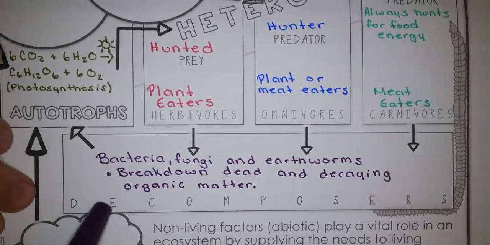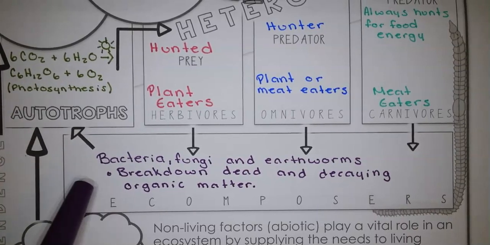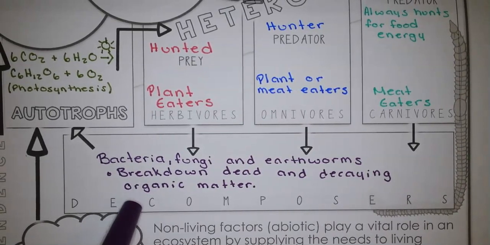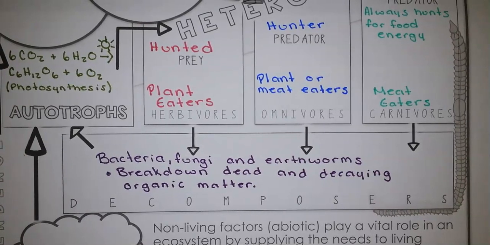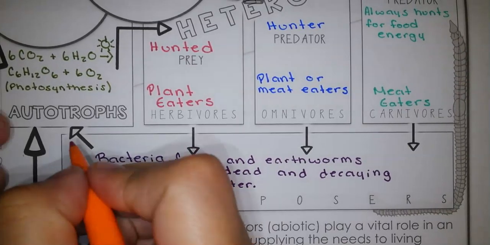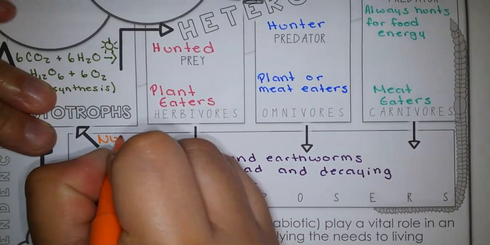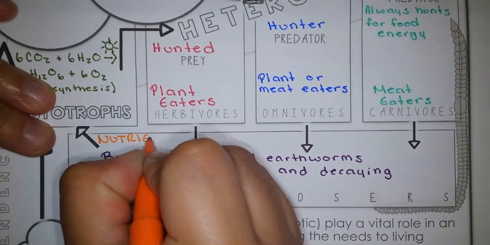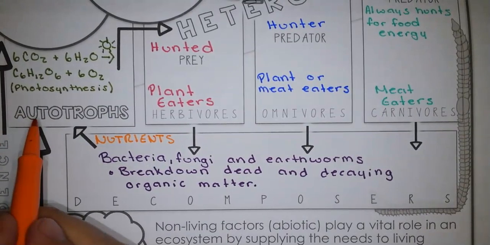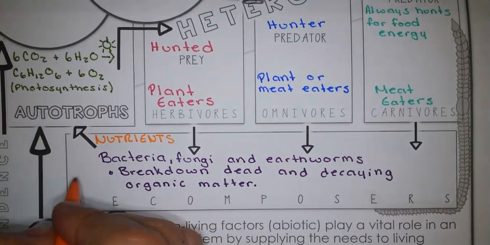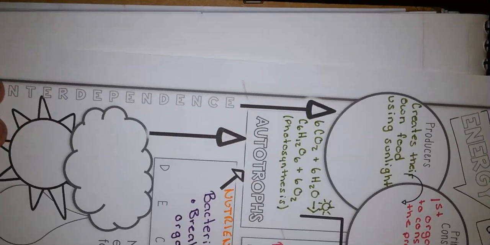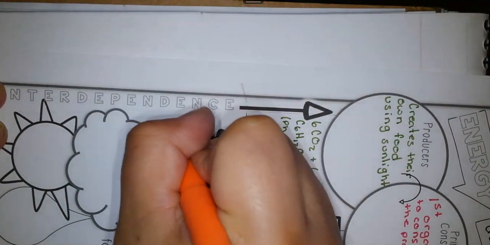Now, all of these nutrients, because that's what's going to come out of them eating up the dead and decaying organic matter, those nutrients are going to be absorbed by our autotrophs, because it's going to be found in the soil.